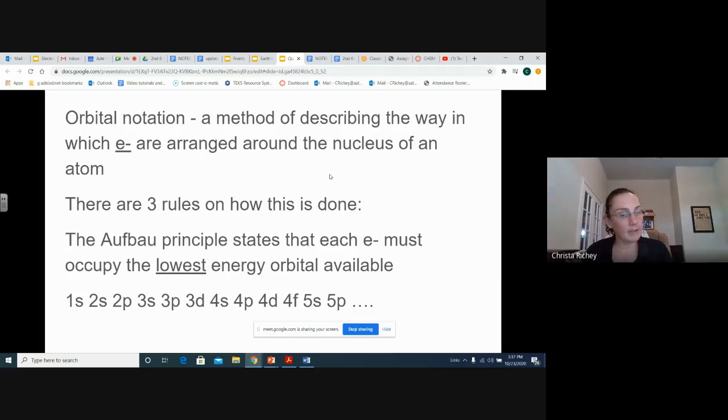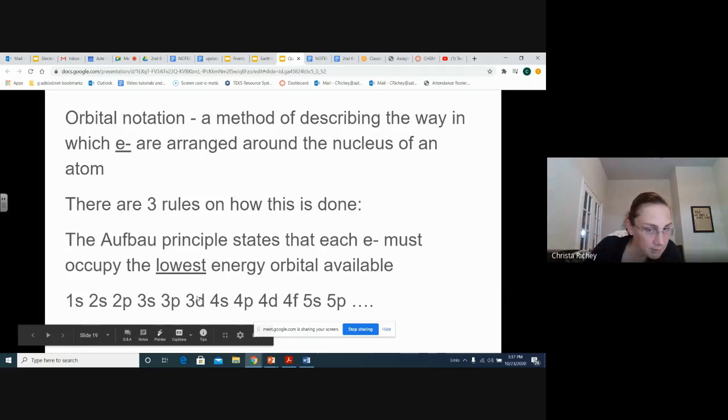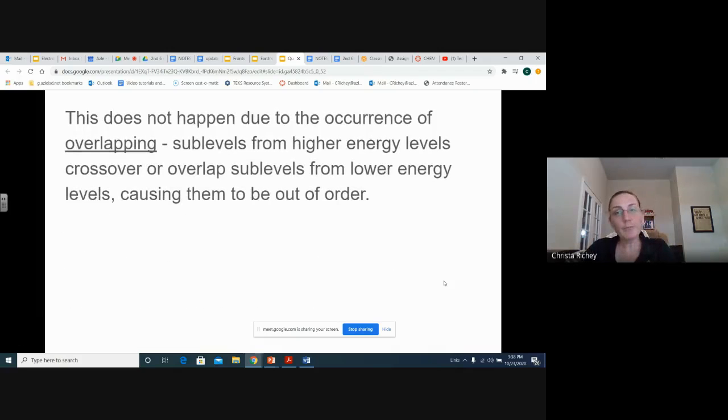You can only have a maximum of 8 electrons in the outside shell, which means that some of these guys, specifically your D's and your F's, need to be shoved inside a shell so that you don't go beyond 8. So it would make sense that we do 1s first and then 2s and then all the 3s and then all the 4s, but that is not the way that it works with electron configuration. They call it overlapping because you cannot have more than 8 on an outside shell. The atom is actually forced.